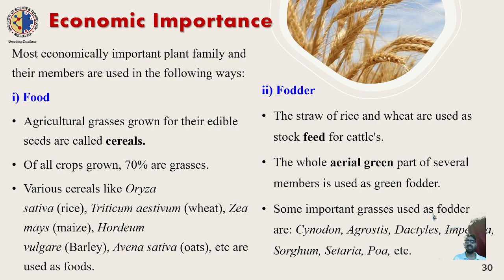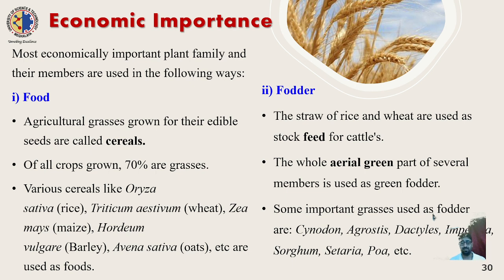It provides shelter for other micro and macro organisms present on earth. It is the largest group of plants, which provides different types of importance to human beings, to animals, and to other ecosystem services. The first economic importance of this family is food.